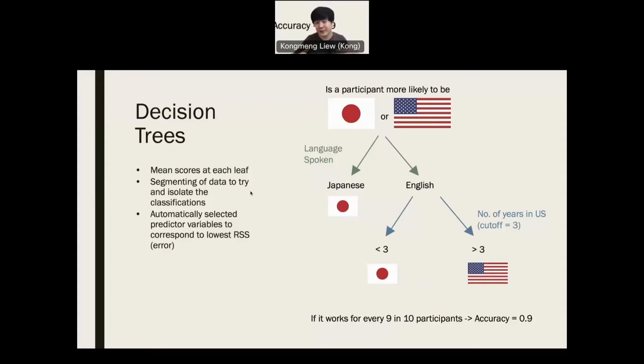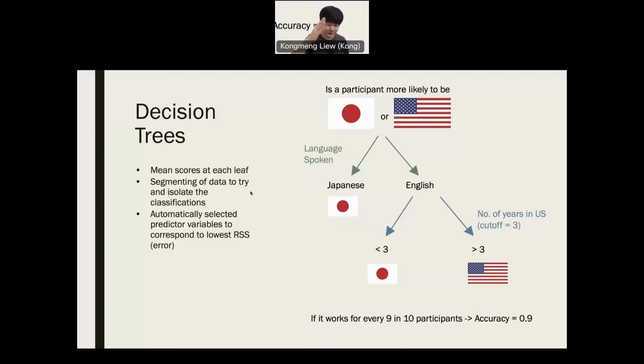Now, as you can expect, having just a single decision tree would be a very biased kind of process, because you're splitting the data and you keep splitting it. Let's say you have 10, 15, 20, 100 variables to choose from. Would the model always choose the same variables every single time?